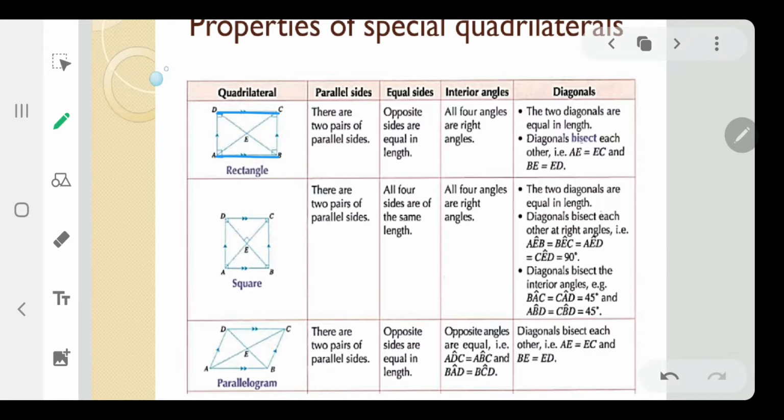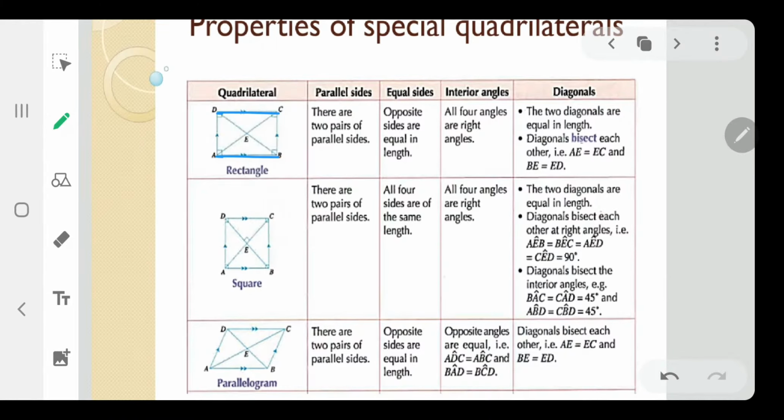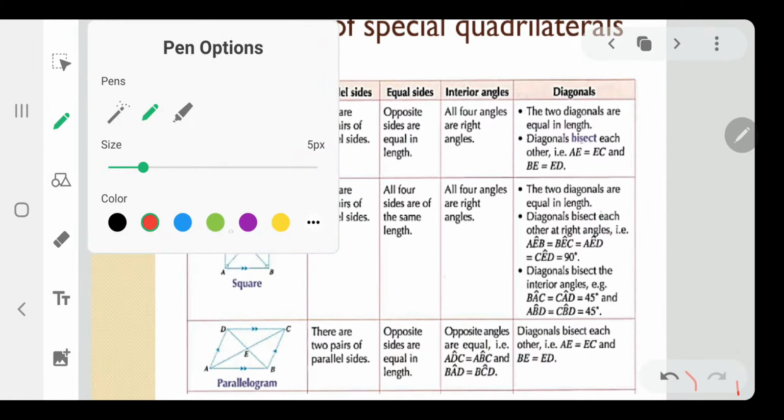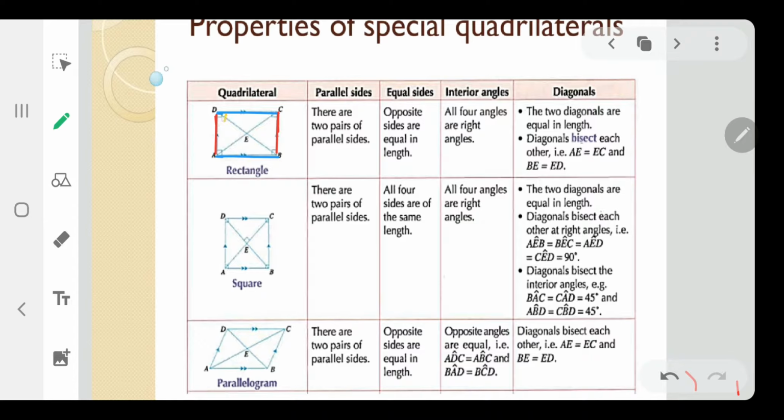Similarly, we can say that AD and BC, both these sides are parallel as well as equal. All four angles are right angles.